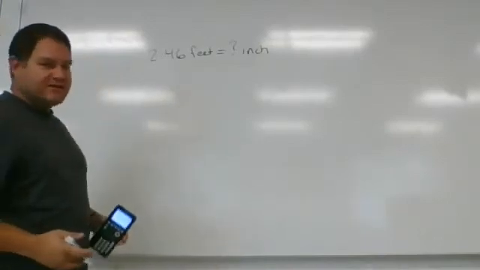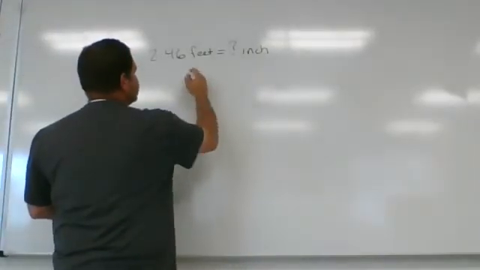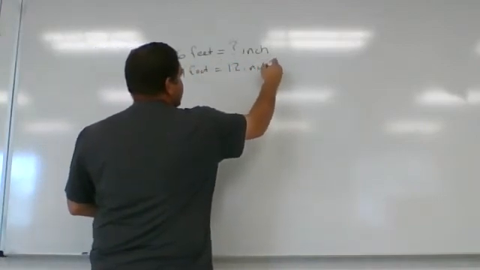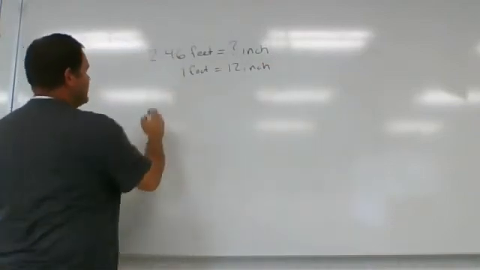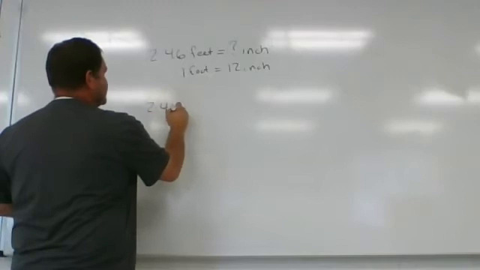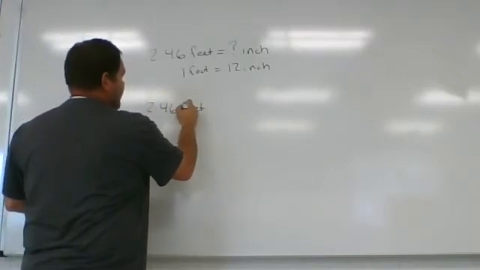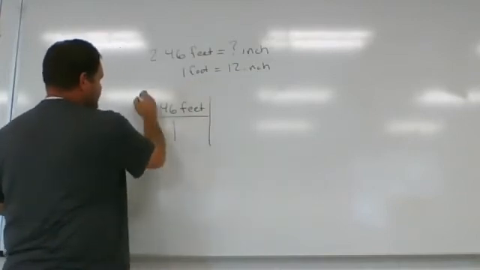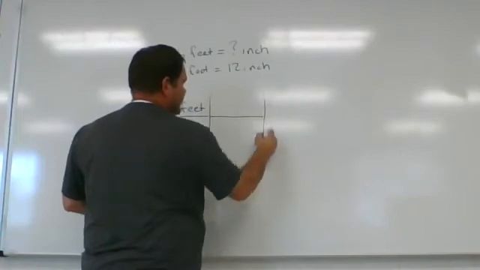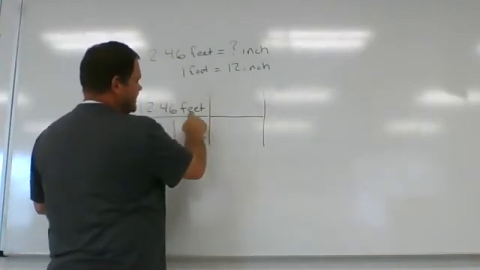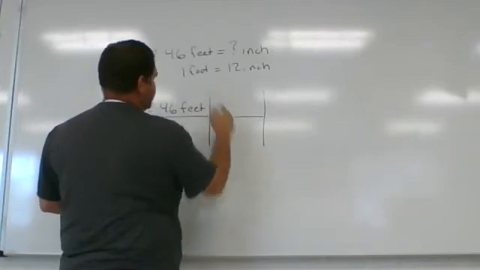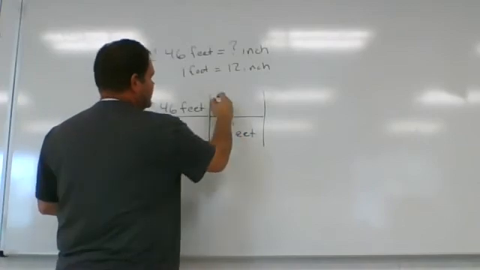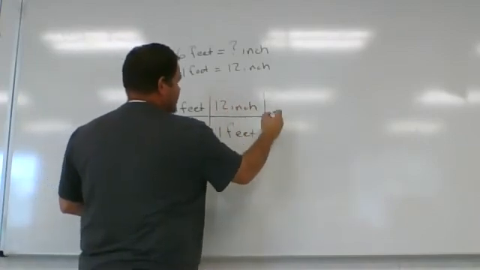Okay, so again, the conversion factor for feet and inches is 1 foot is equal to 12 inches. Okay, so I'm going to set up my problem of 2.46 feet, over 1, my brackets, and then I'm going to put my conversion factor next. Because feet is the unit I want to get rid of, I'm going to put 1 foot on the bottom, 12 inches on the top.